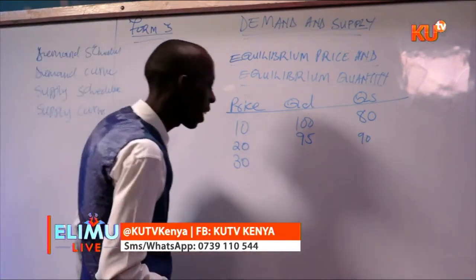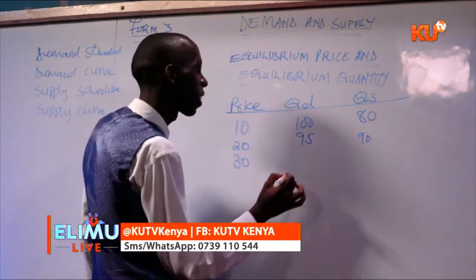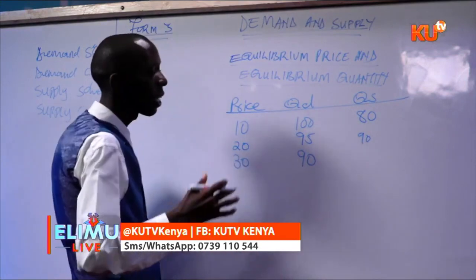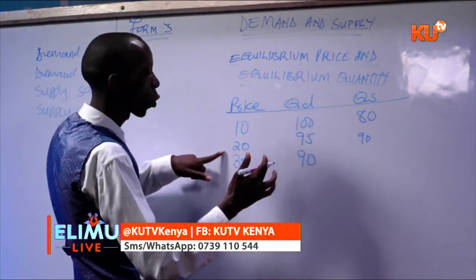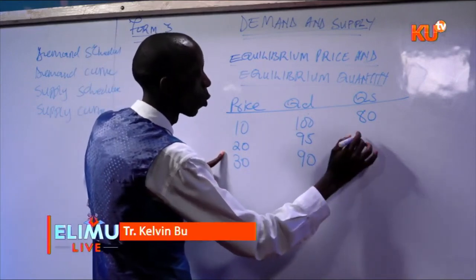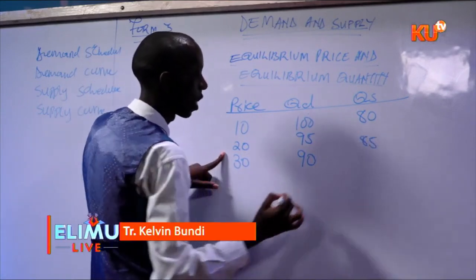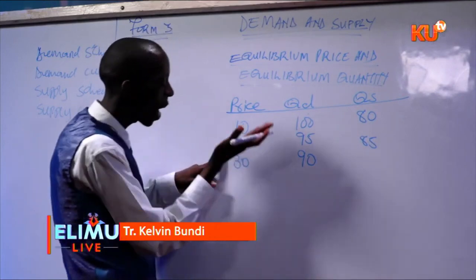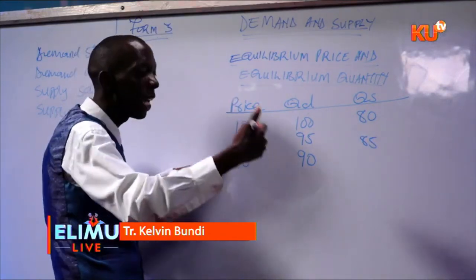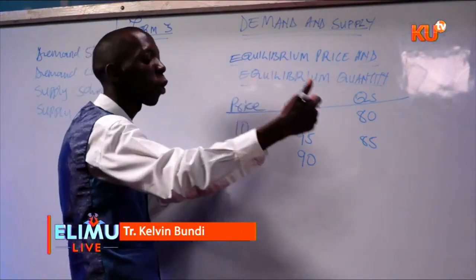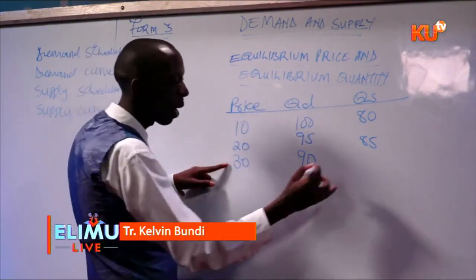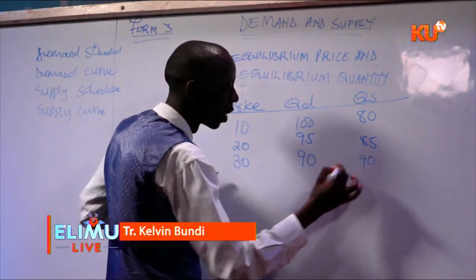So the quantity demanded will decrease to 90. When the price increases to 30, the sellers will be willing to bring more product to the market, and therefore the quantity supplied will increase to 90.